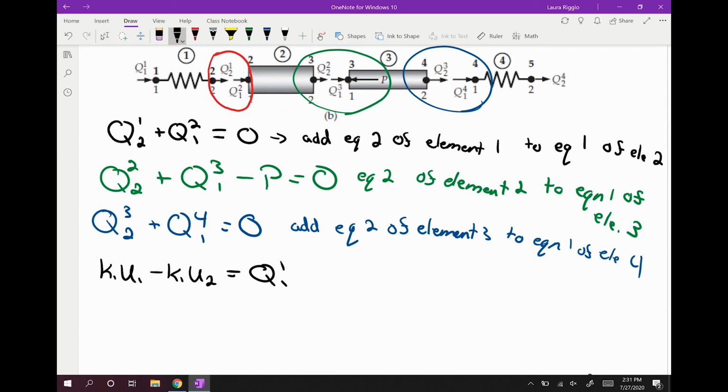And then if I add equation 2 of element 1 to equation 1 of element 2, I'm going to get minus K1 U1 plus K1 plus K2 U2 minus K2 U3 is equal to Q12 plus Q21, which is equal to 0.